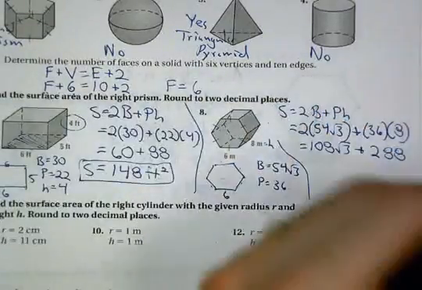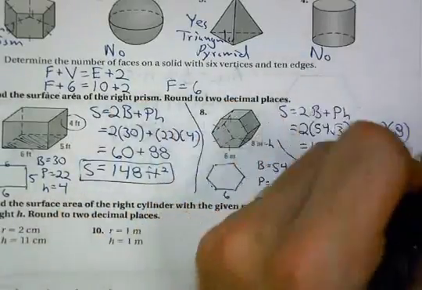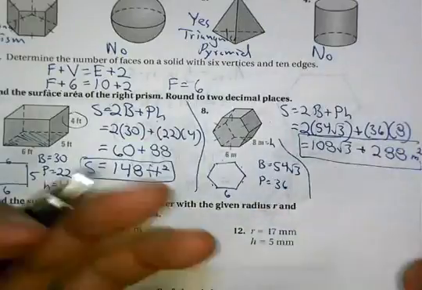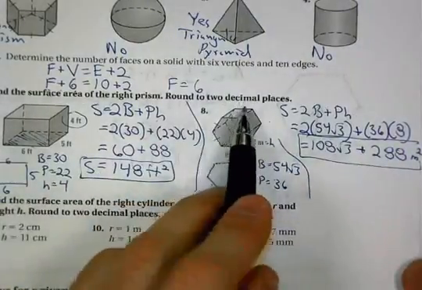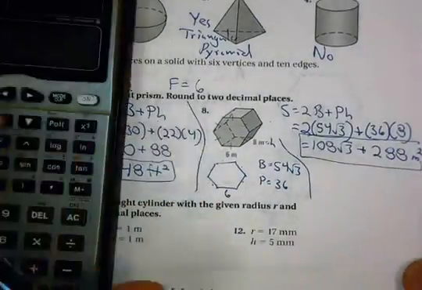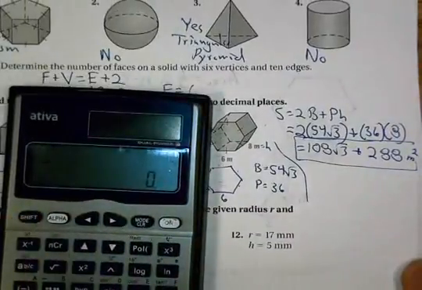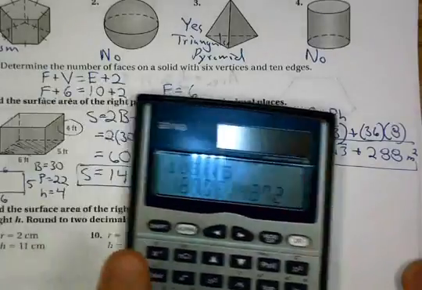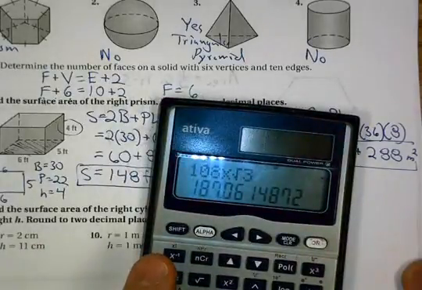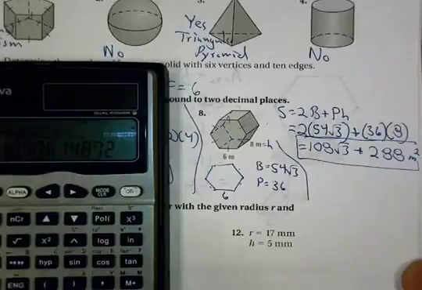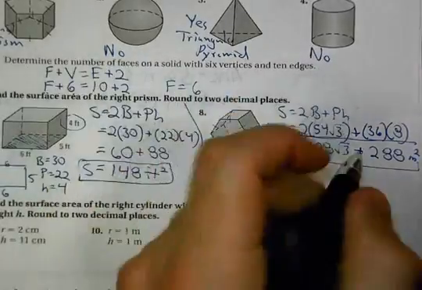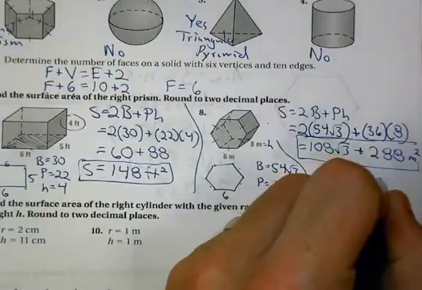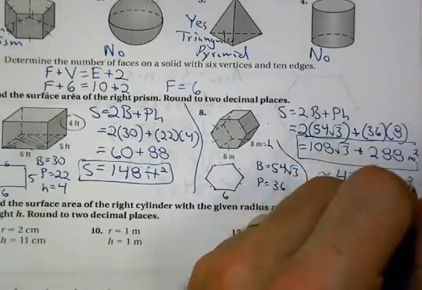Now if I'm just writing this in simplified radical form, I will leave my answer as this, and it's meters squared. If I then want to write it as a decimal, which it hints here, I will take 108 times root 3 and get, it's about 187.06. Add that to 288, and I get an answer of about approximately 475.06 meters squared.